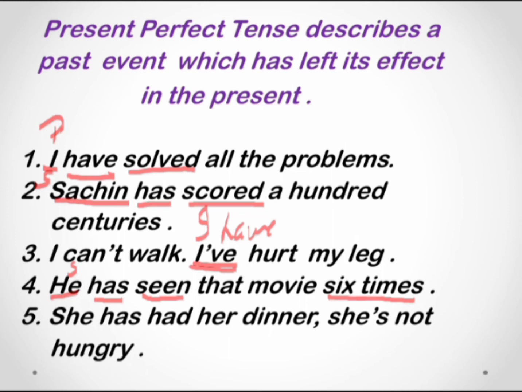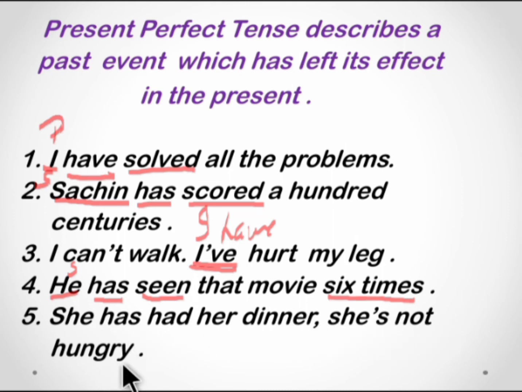The movie was good, so she kept on doing that one. Maybe if the movie is still interesting, she will watch that again. So she liked that movie, and so she watched so many times that the effect of that movie is still there. Next, she has had her dinner.